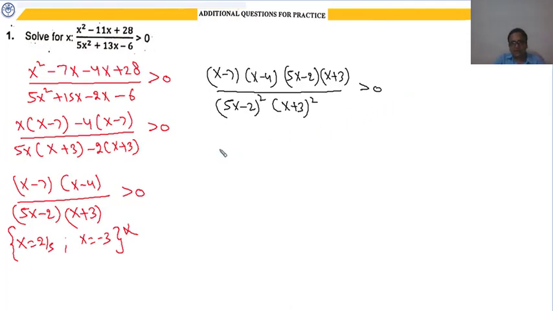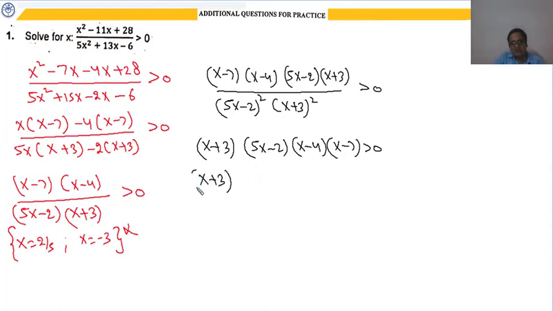So we arrange these brackets in ascending order. It becomes x plus 3, then 5x minus 2, then x minus 4 into x minus 7 is greater than 0. We take 5 common from this part and take it to the right hand side.